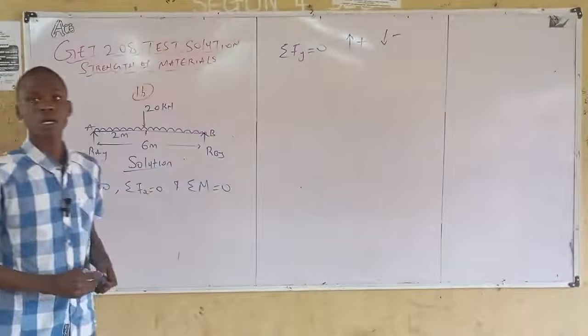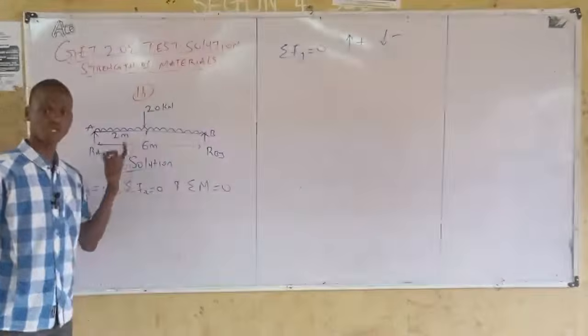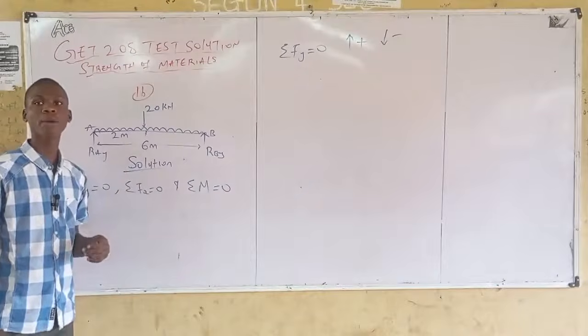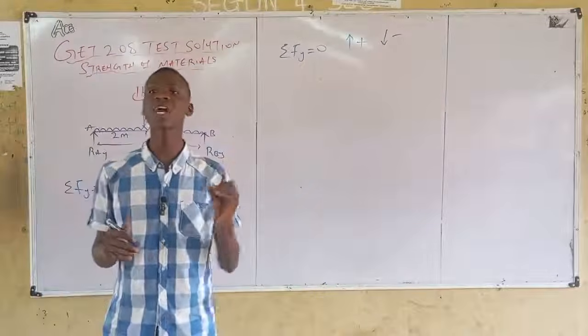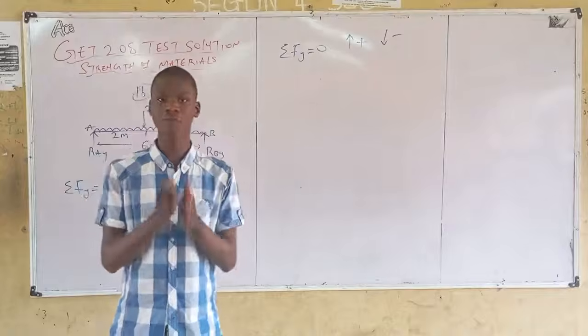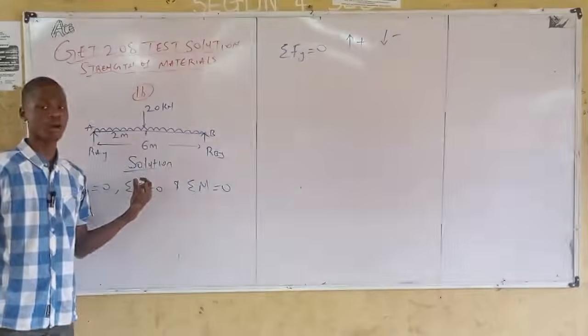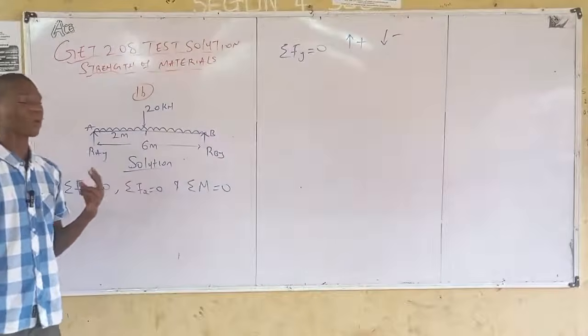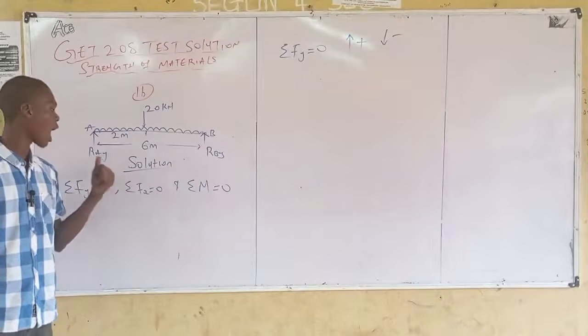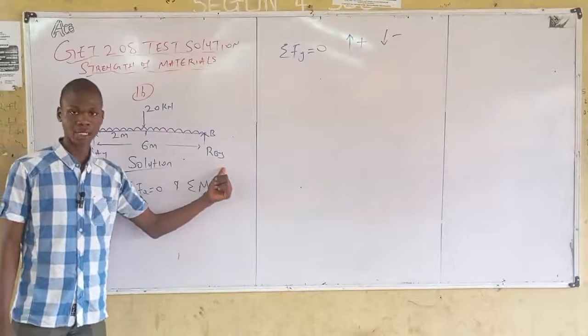Are you with me? Come back to this beam. How many forces do you have there? In this case, consider your supports and your loads as your forces. How many supports do you have? 2. What are the 2 supports? RAY and RBY, right? What about the loads?